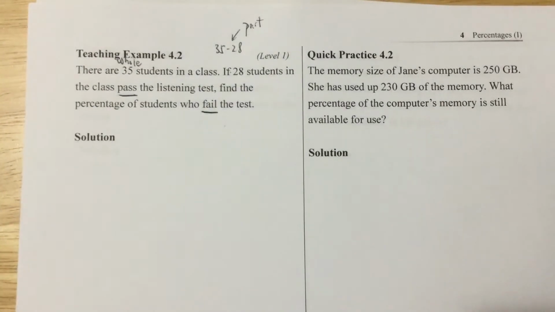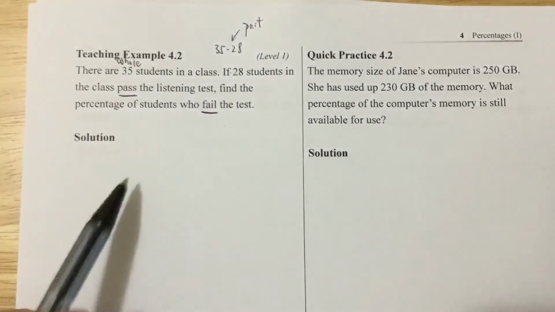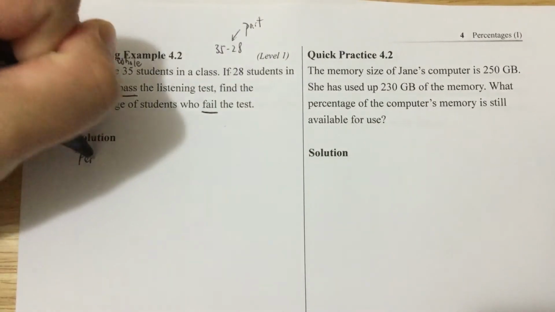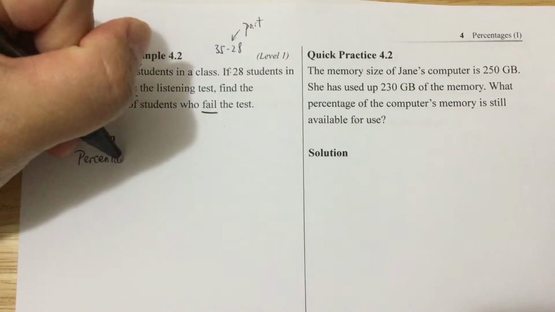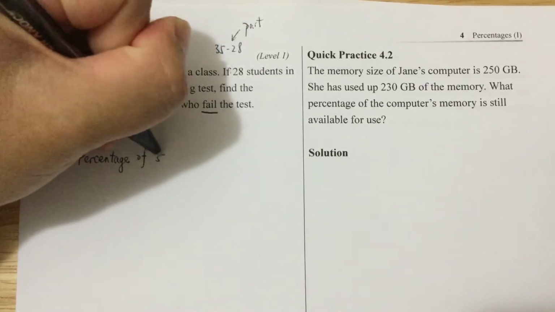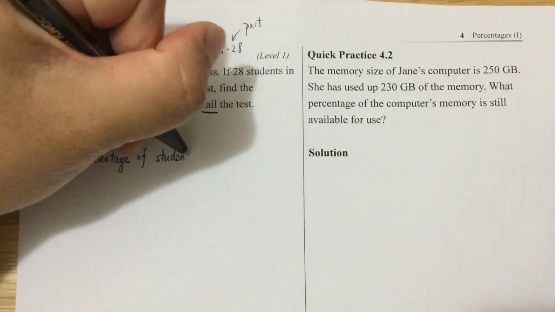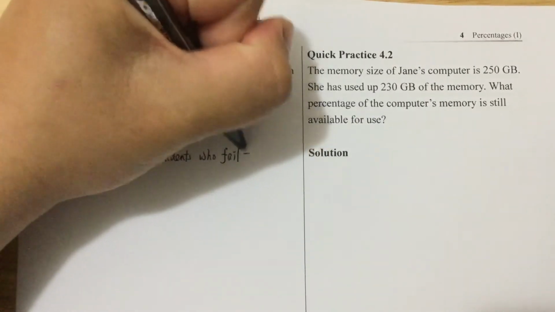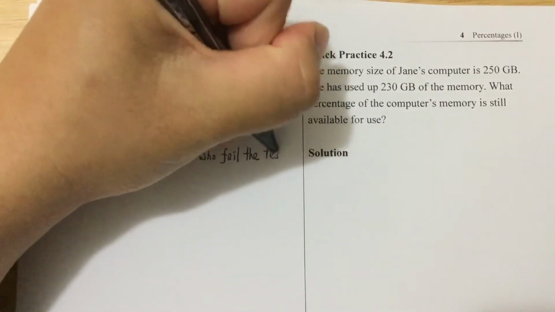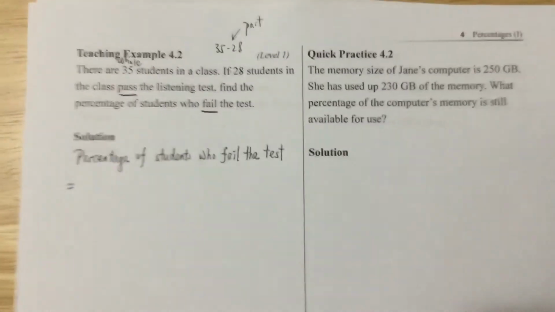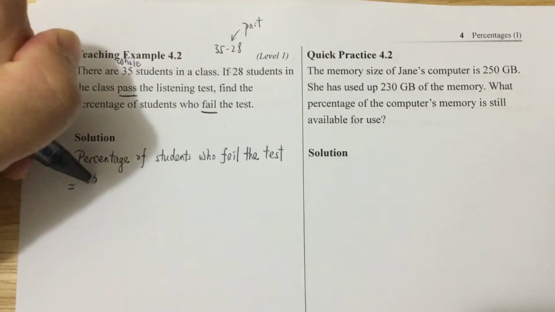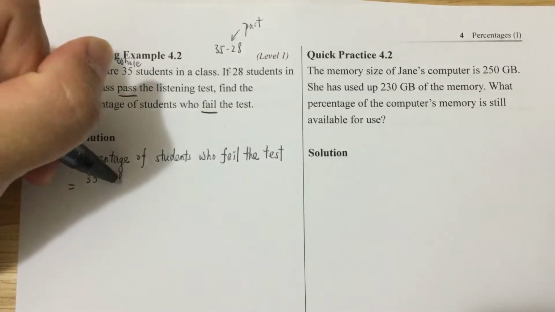Okay, so I'm going to calculate it. First of all, write down the heading: percentage of students who fail the test. So this time the part is 35 minus 28. This is the part I want to have.